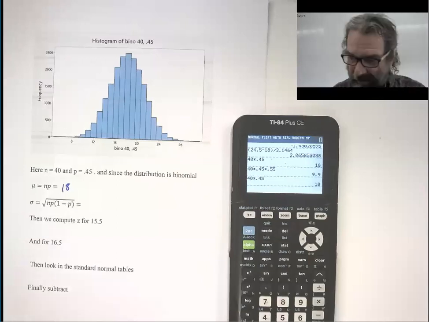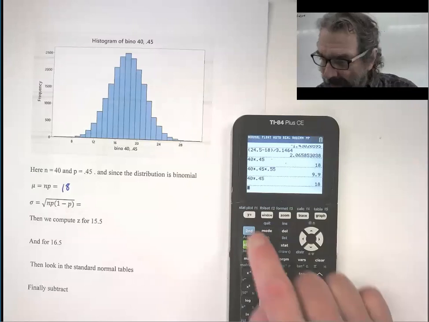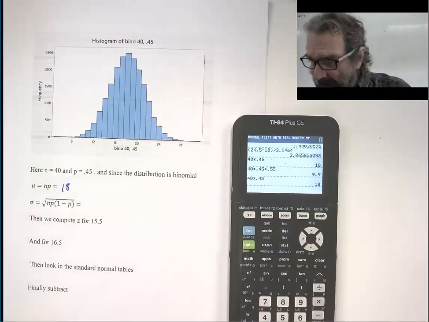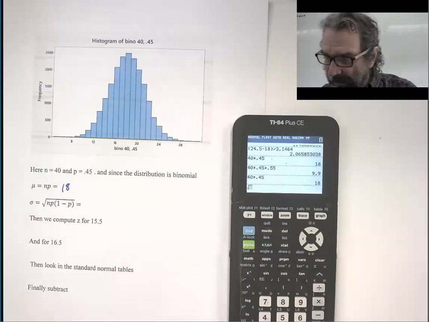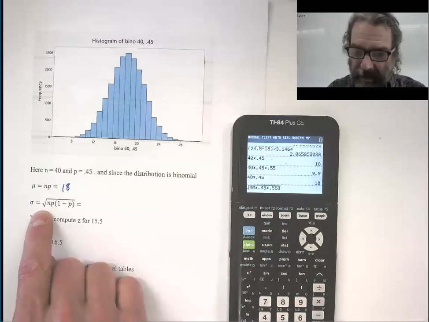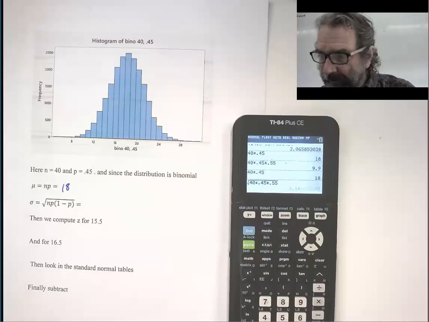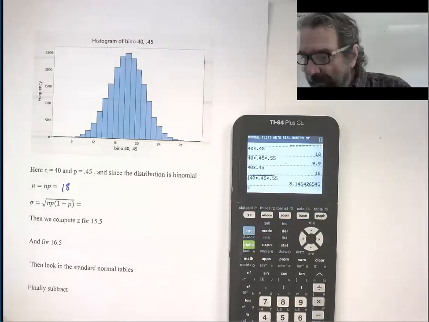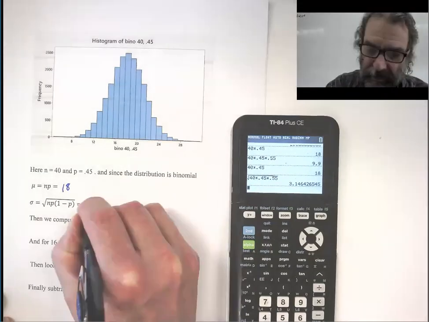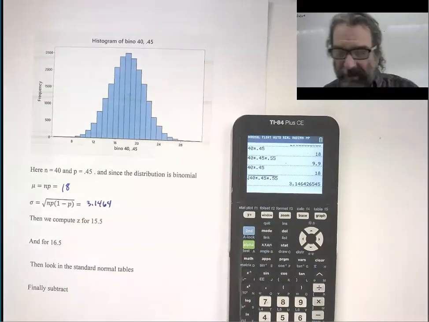And then we're going to take the square root of 40 times 0.45 times 0.55. That's n times p times 1 minus p. Hit enter. 3.1464. I just kept a lot more places than I actually need, but I always do that just to be safe.